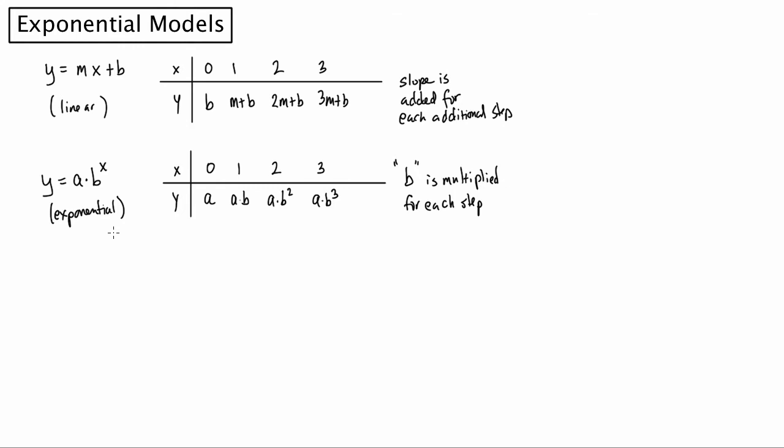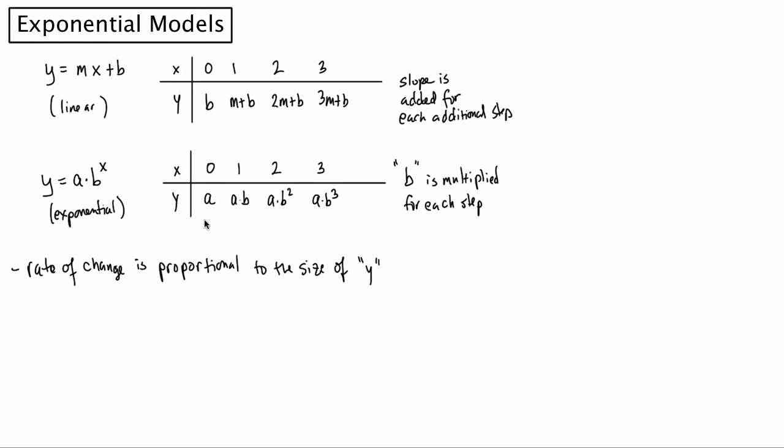So the point here is that the rate of change is proportional to the size of the dependent variable, which in this case is y. That is the major difference between linear and exponential models.